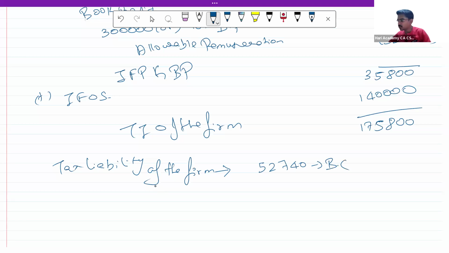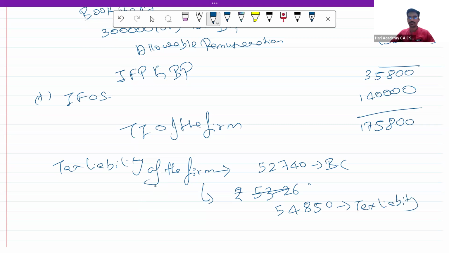If you add cess to this, 52,740 into 1.04, this gives you 54,850. 54,850 is the tax liability of the firm, right?